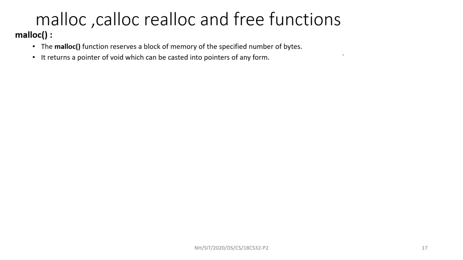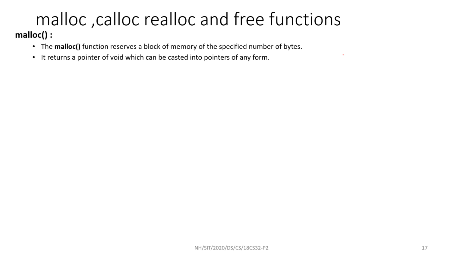Okay. Now, to end this presentation, 4 memory related functions are there. Those are the memory allocate functions malloc, calloc, realloc and the free function. So we'll see these 4 functions one by one. The first is the malloc function.